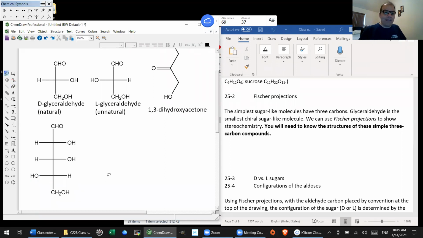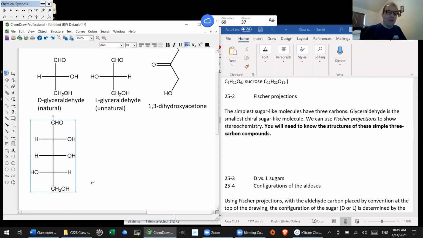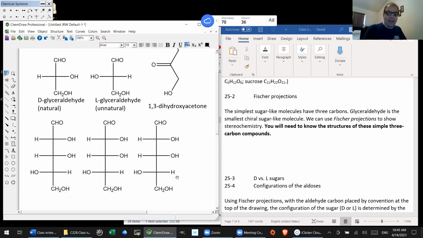One other thing that's kind of confusing for students is what you have to know in terms of getting from any given sugar to its enantiomer, which would then, of course, be a D sugar. So let me clarify that a little bit by making a few copies over here.